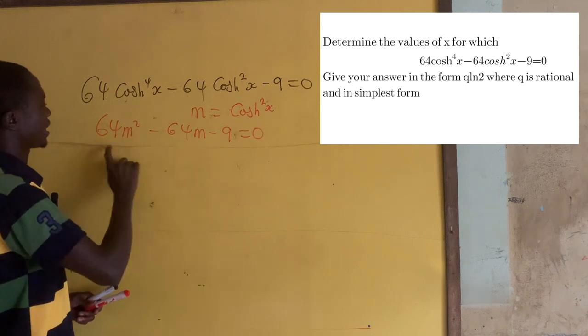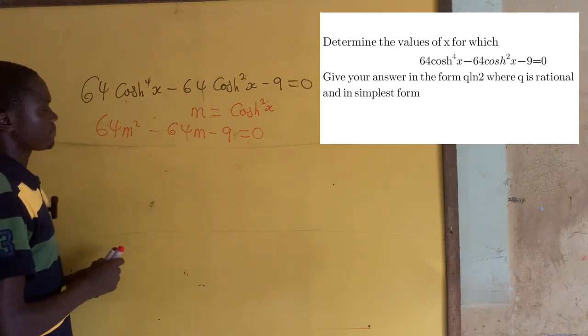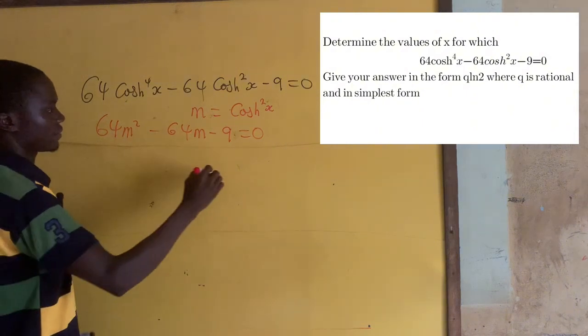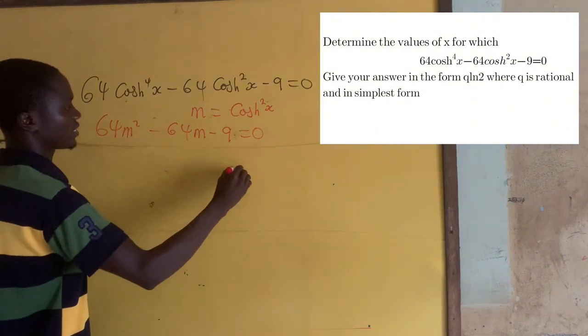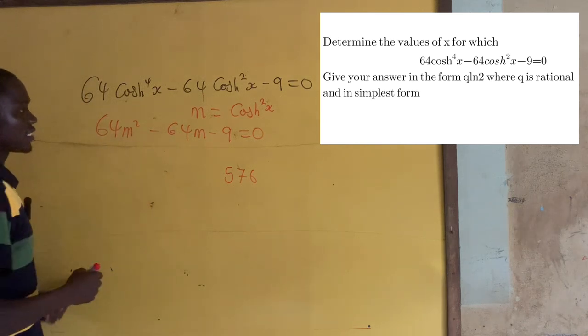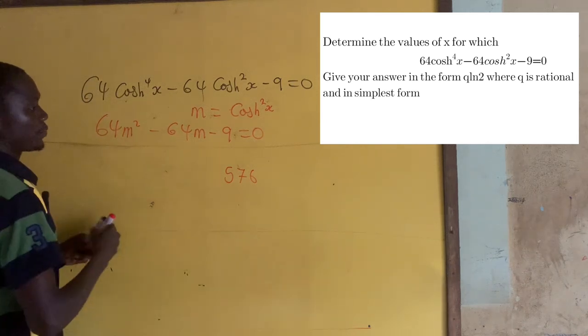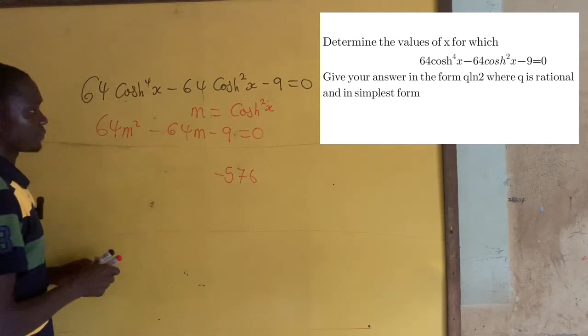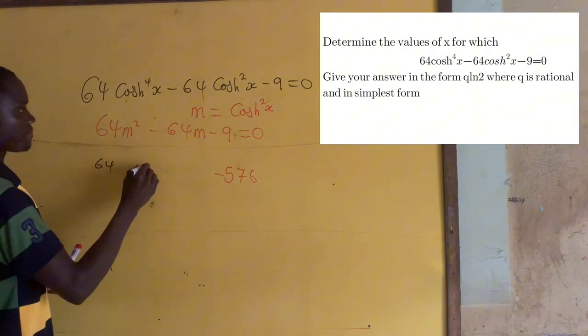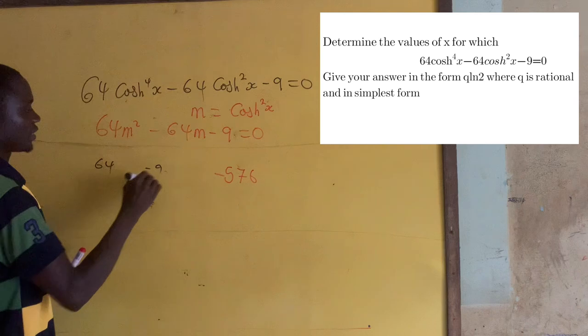Now, 9 times 64 gives 576. So let's check for a pair of factors that will give us this. Let me take 64 here and negative 9.